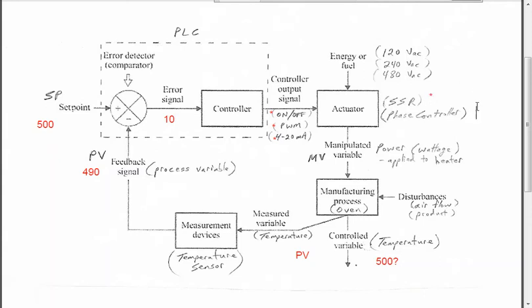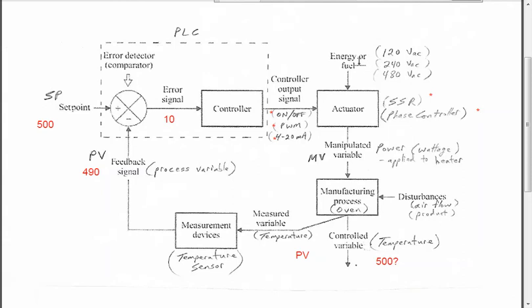It could be a phase controller, sort of like what you did at the end of the first year, if you remember. But these would be ways to try to adjust how much power gets to the heating element, if that's what we were using for our oven.